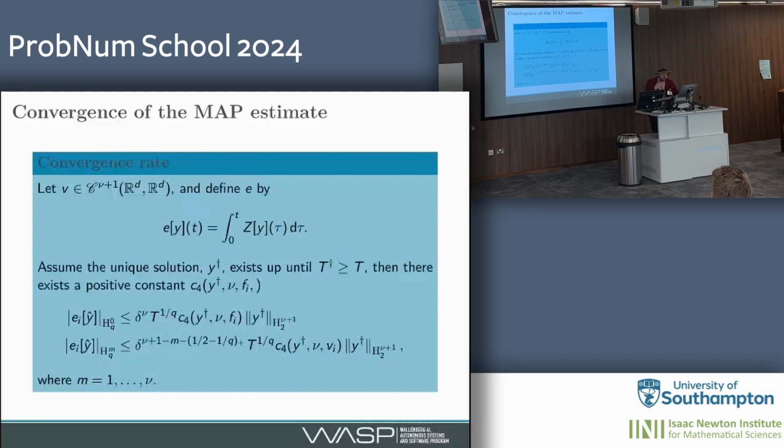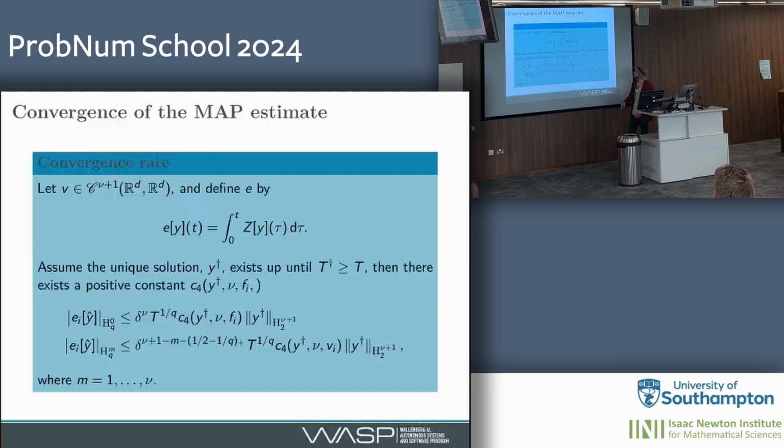Now, the convergence statement is kind of like so. If our vector field is nu plus 1 smooth, so continuously differentiable nu plus 1 times, and we define this E as the residual term in our solution estimate, we also need to assume that the unique solution exists up until some time point which is after the interval we're considering solving on.